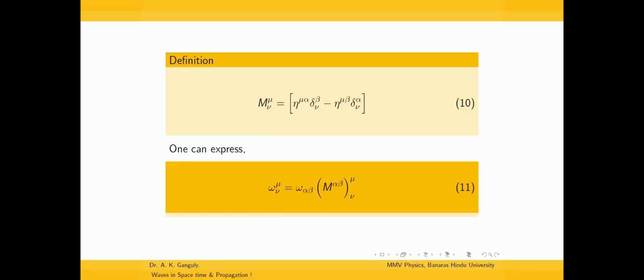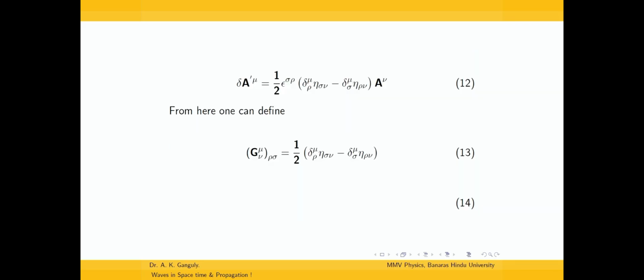And this particular quantity M of alpha beta mu nu is what we call the generators of the symmetry. Fine.